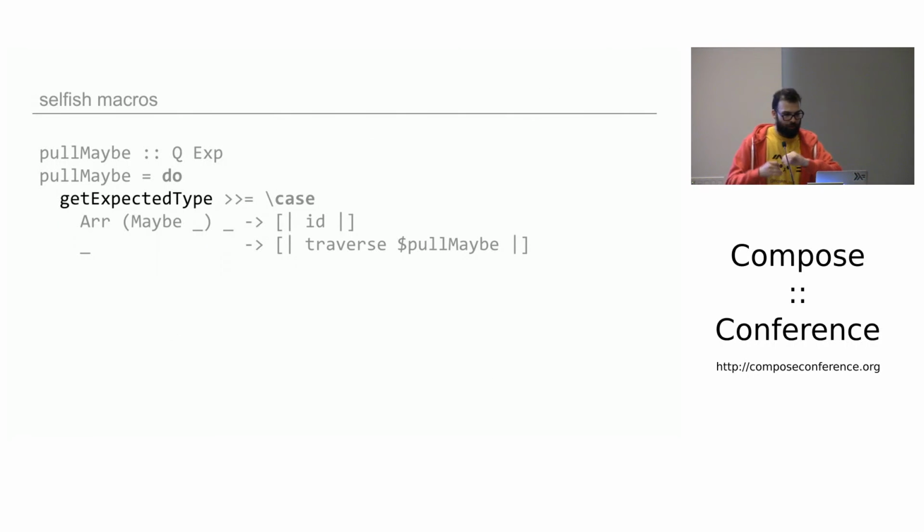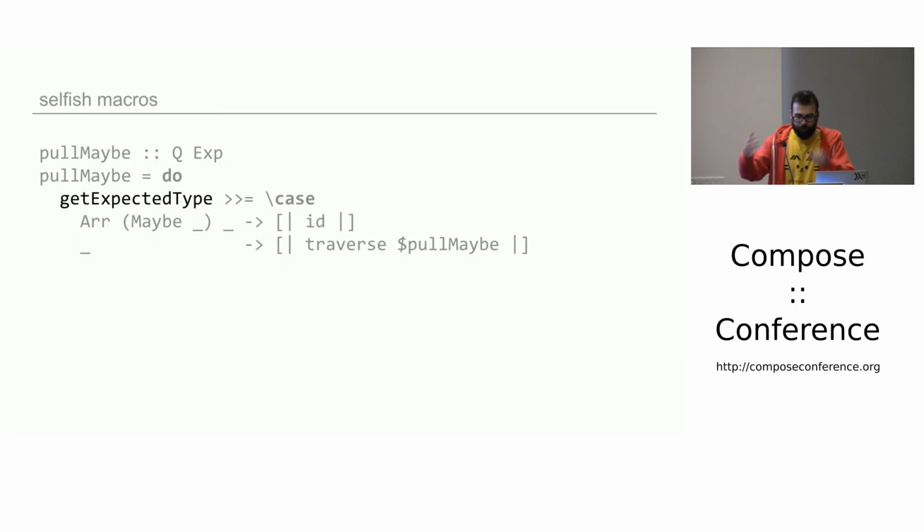So I think that with the API I've suggested so far, with get expected type, it's too easy for the programmers to write selfish macros which ask for information but never give anything out in return. And I think it's very likely that the programmer will write that because they're concerned about the task of writing their current macro.